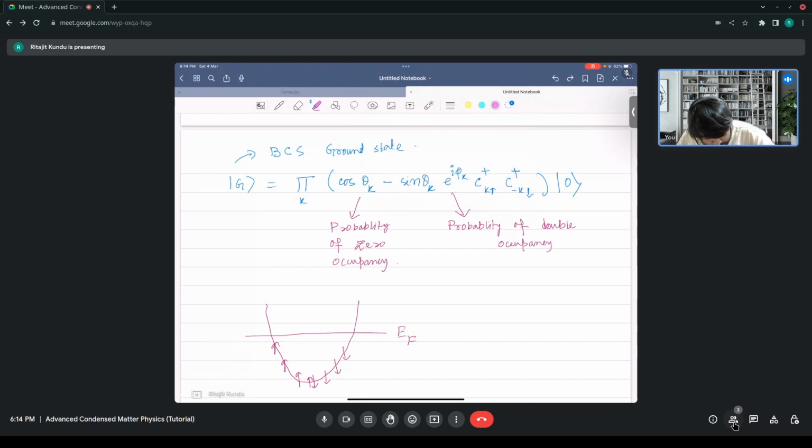Only when you are within some very small width of this Fermi energy, which is given by the Debye energy, h bar omega_D, does this kind of pair creation operator become a Cooper pair. So this distinction is really very important.